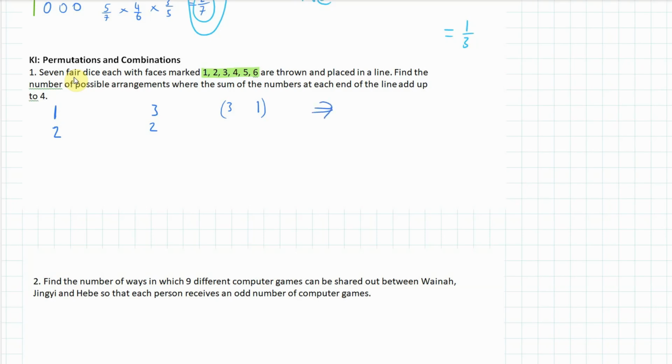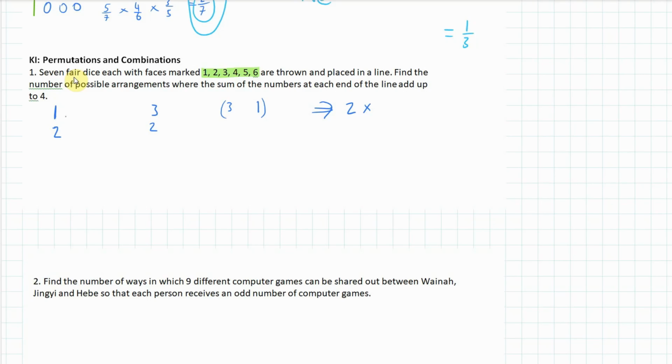So to represent the fact that I can switch it around, I'm going to times everything by 2. What am I going to do at this point? The number of possible arrangements where the sum of the numbers at each end.